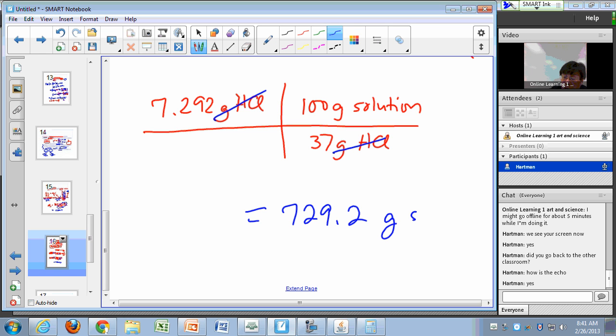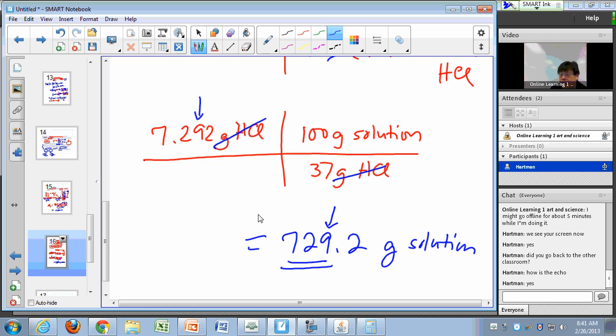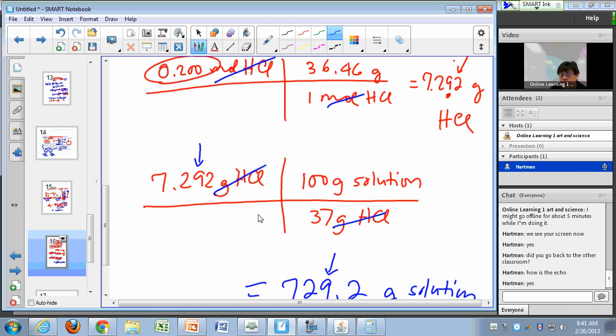So that will give me 729.2 grams of solution. All right. Keeping in mind again that the 9 here is my last sig fig. I only have 3 sig figs. I'm keeping an extra digit here because I need to carry this over to another calculation. So I'm going to need 729 grams of solution.